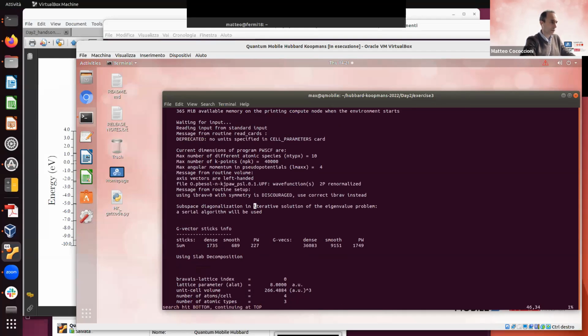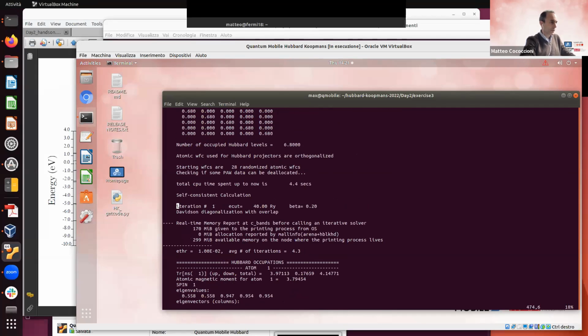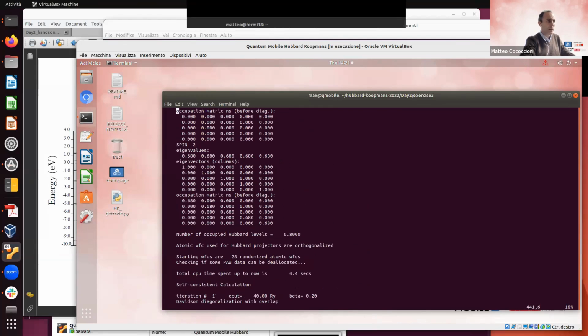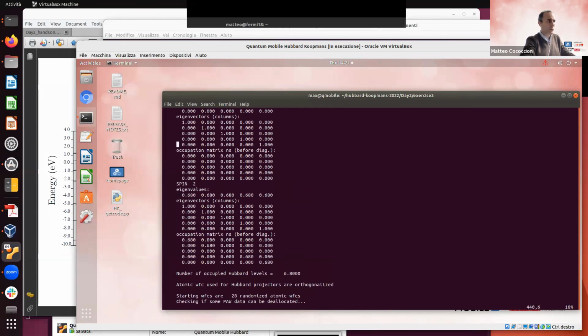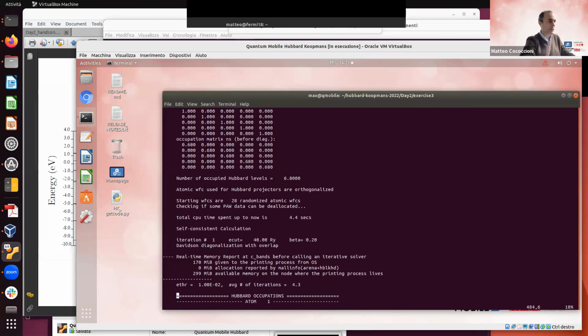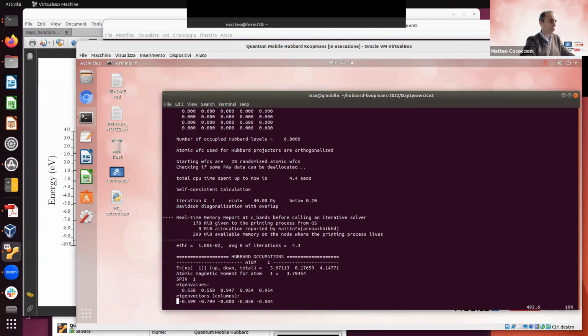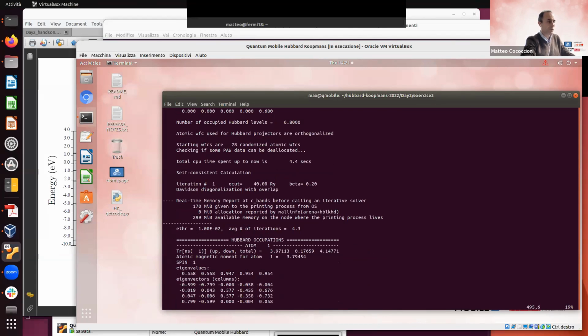If we do this, we end up here. This is the first iteration. Before that, this is the initial guess the code provides for the occupation matrix. Then there is the first diagonalization of the Hamiltonian, and then it prints out the first guess for the occupation matrix.